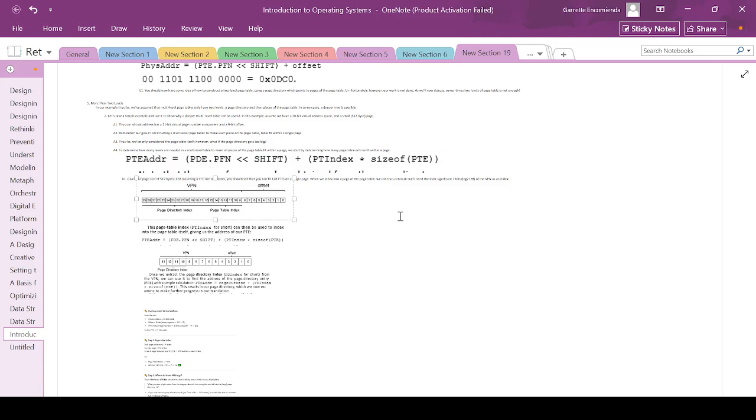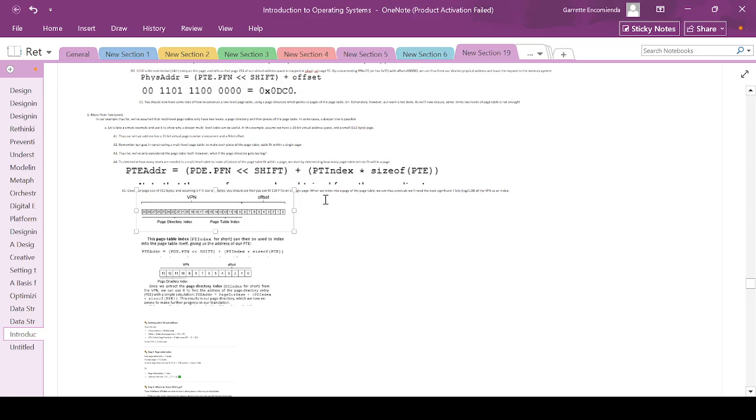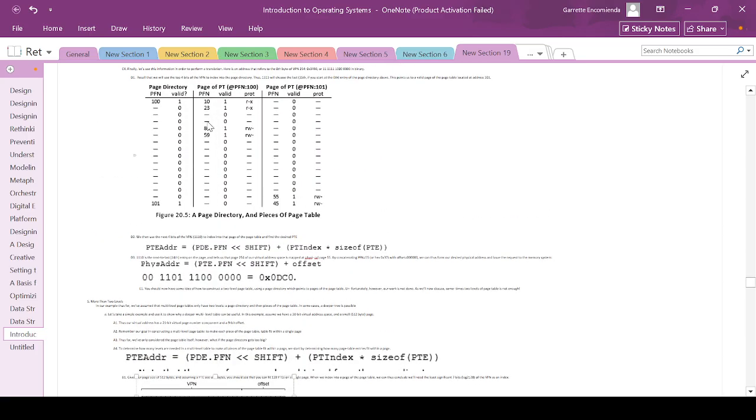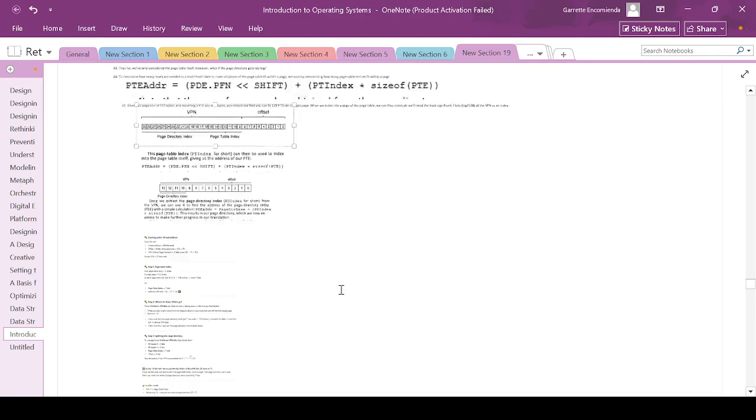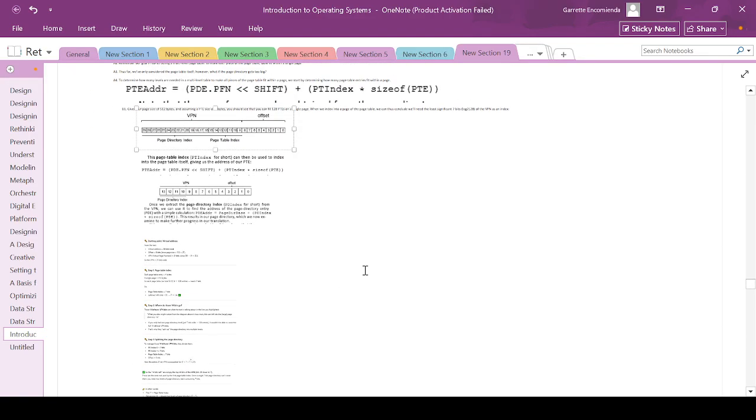So to be able to fit the page table in one page, we start by determining how many page table entries fit within a single page. That's also what we use to translate from page directory to page table.